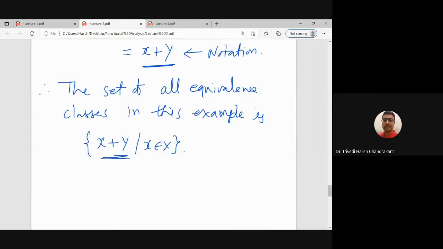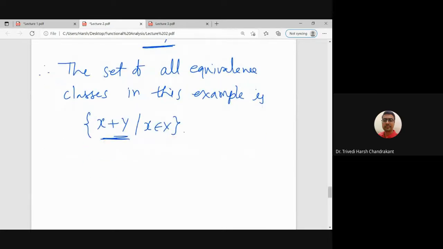But here we are defining abstractly, and this set we will denote by X quotient Y. Right.